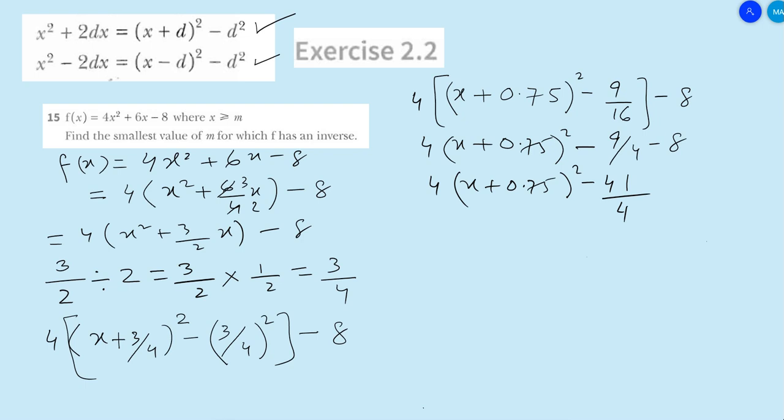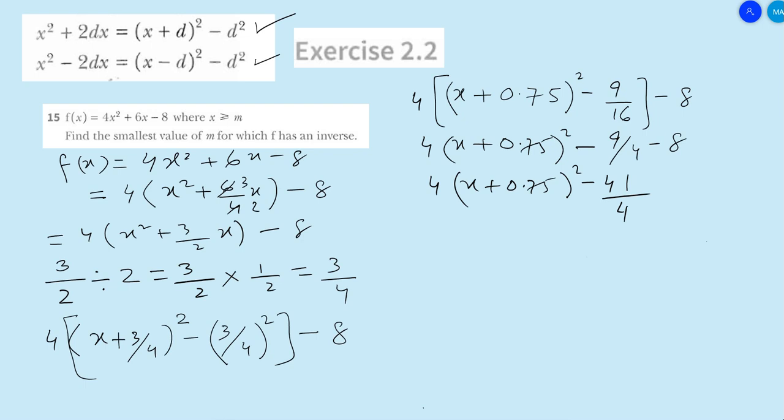What is the requirement? Find the smallest value of m for which f has an inverse. What should be the smallest value of x? Clearly, what is an inverse function? A function has an inverse if it's a 1-1 function. And what is a 1-1 function? For every single input there should be a single output.